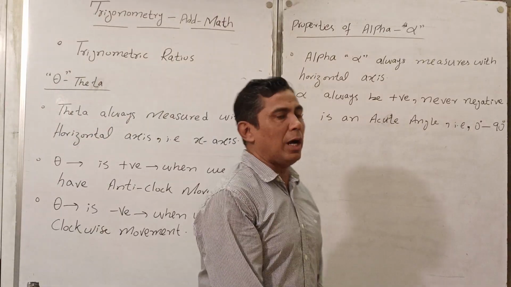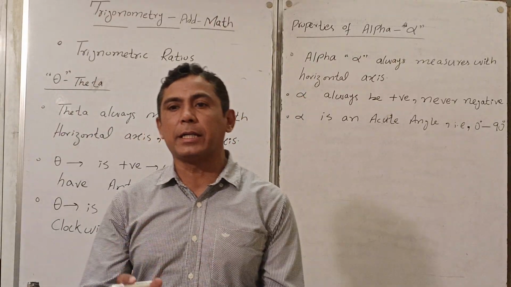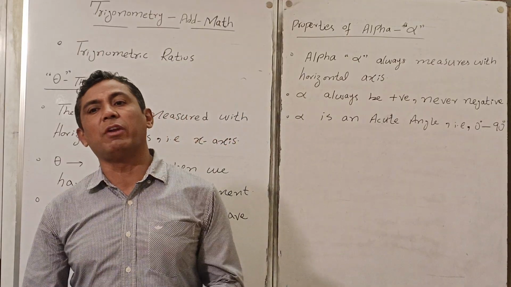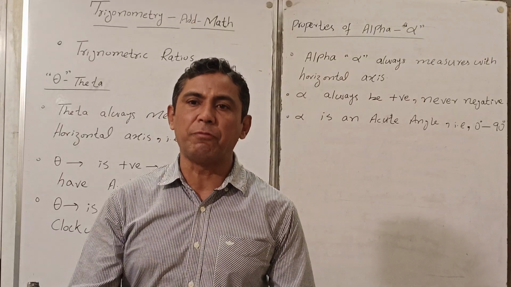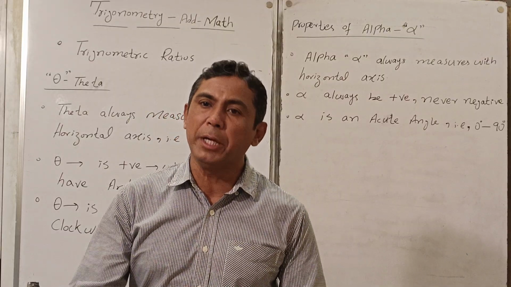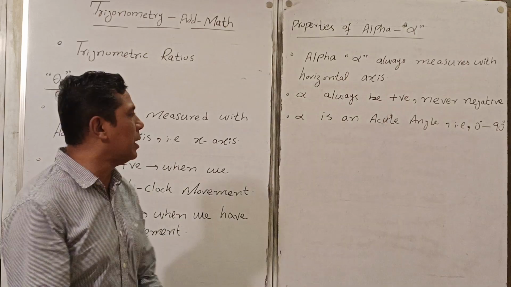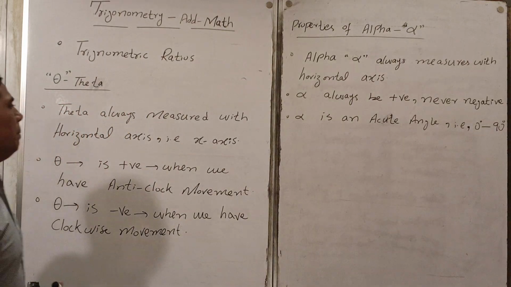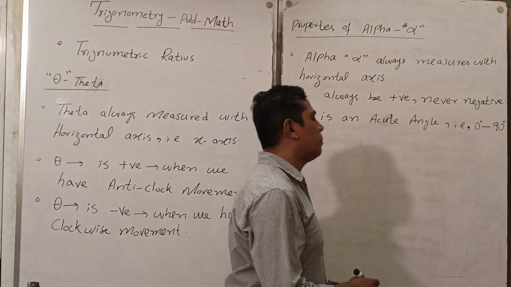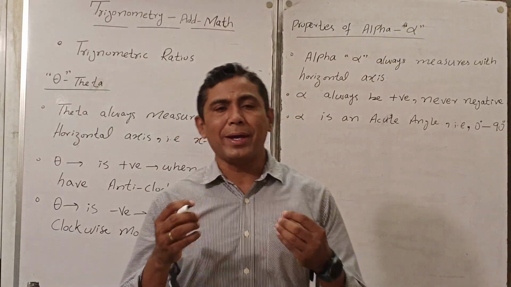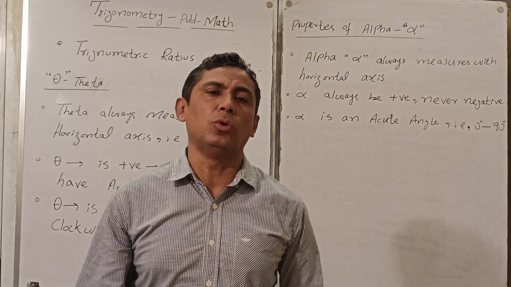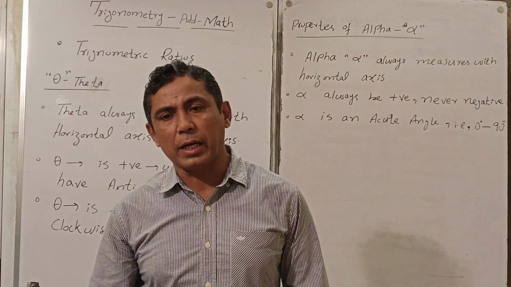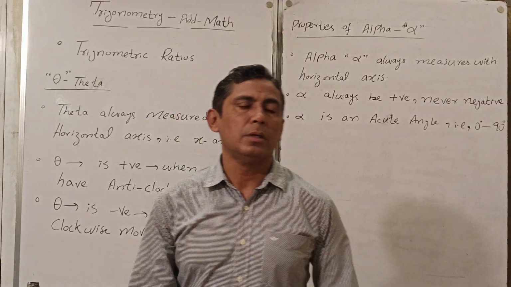It means that this value cannot be greater than 90 degrees. One important thing: it will always be 0, 30, 45, 60, or the maximum value will be 90 degrees. It cannot be greater than this. Another important concept is where these ratios will have a positive sign, negative sign, or something else.